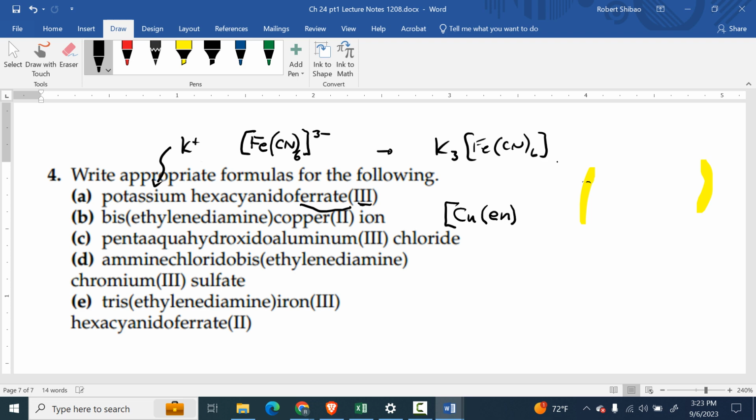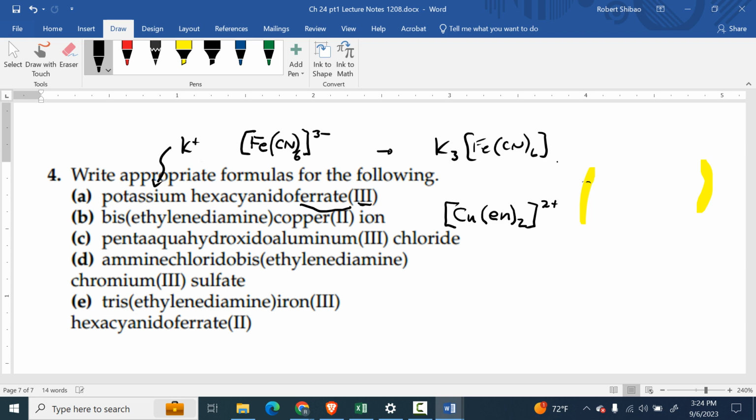Bis means 2. All right. En, does it have a charge or is it neutral? Neutral. And so this whole thing is going to have what charge? 2 plus. So this is the bis-ethylene diamine copper 2 ion.